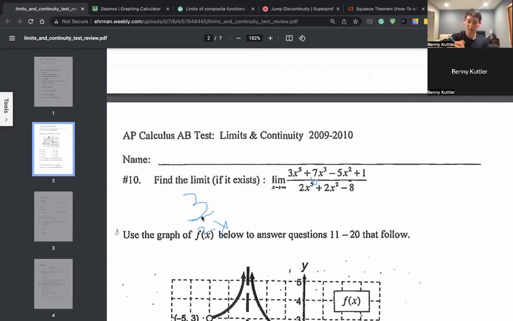So as we approach infinity, the limit as x approaches infinity of that goes to 0 because it just keeps getting smaller, and we assume that it approaches 0 in the long term. Okay, so that's how you find horizontal asymptotes.